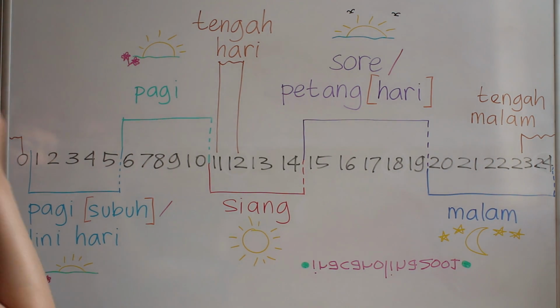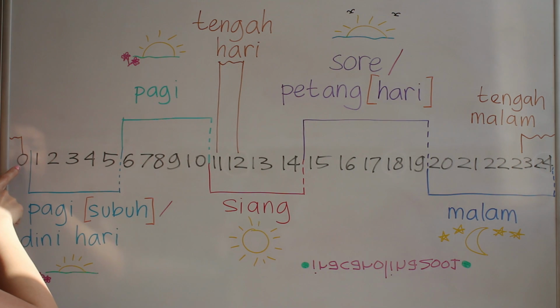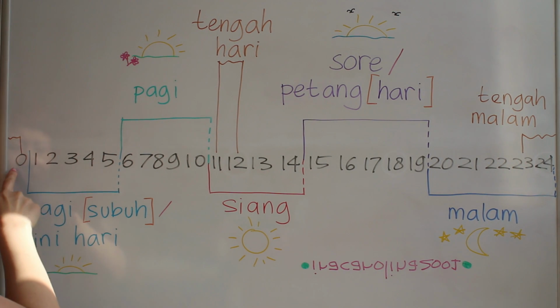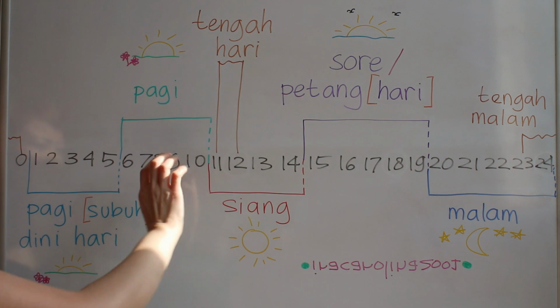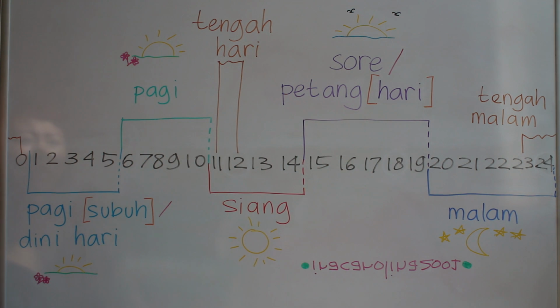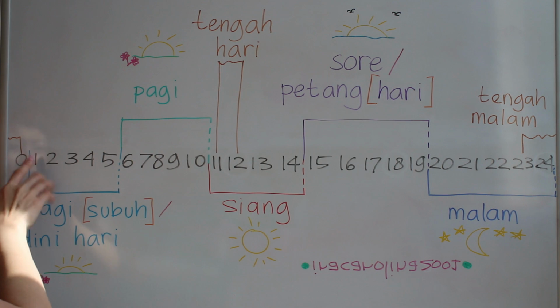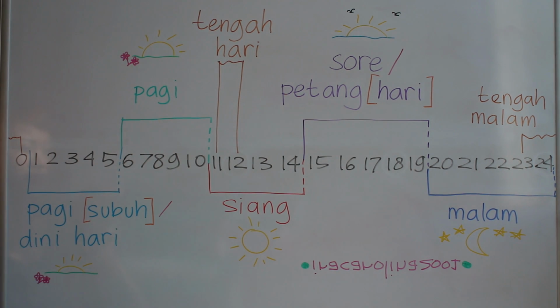Here I put lines in between 0 and 1, 5 and 6, and so forth. It means I divide this into half, so the 0 to 0:30 goes with the left area, and the 0:31 to 1 goes with the right class or section.